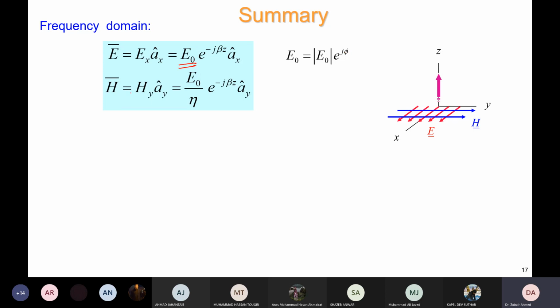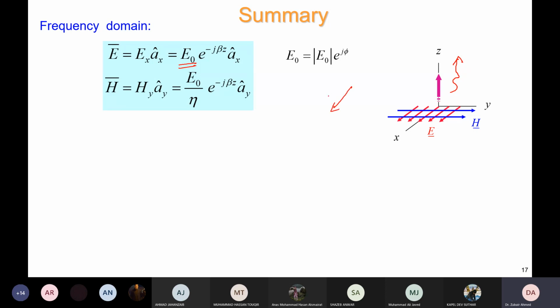And magnetic field, please note, is shown here by these blue arrows. It's oriented in the y direction, orthogonal to electric field direction, and direction of propagation is in the z direction, which is orthogonal to both electric field and magnetic field direction.